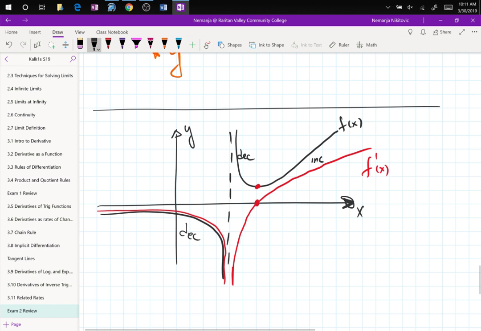Now these are sketches, right? This is not exact, so I don't know how fast this is rising, or is it sluggish, is it faster? We actually have to look at something called concavity and other things that are going to be there.